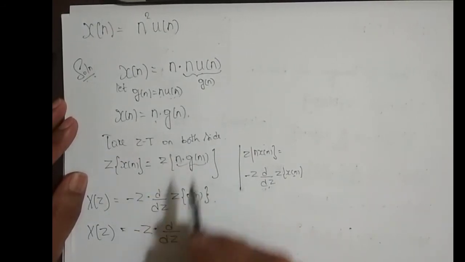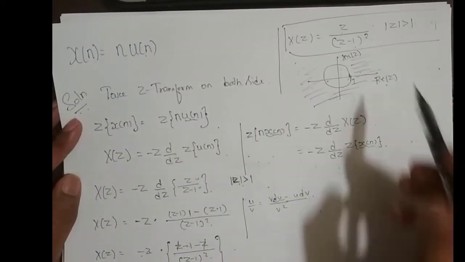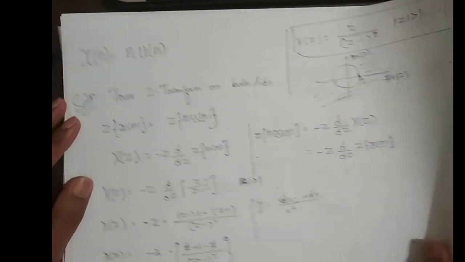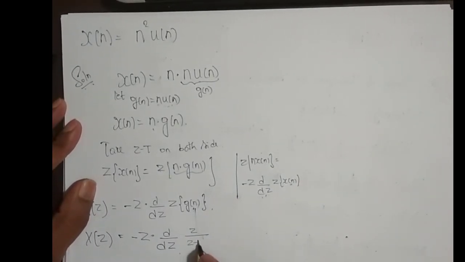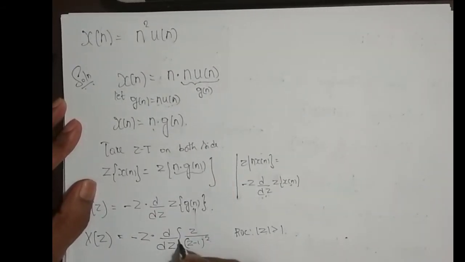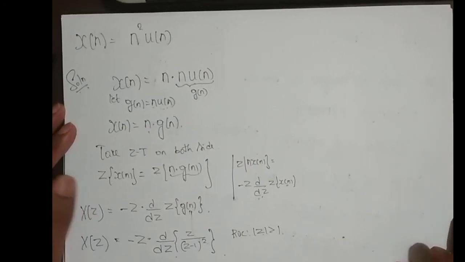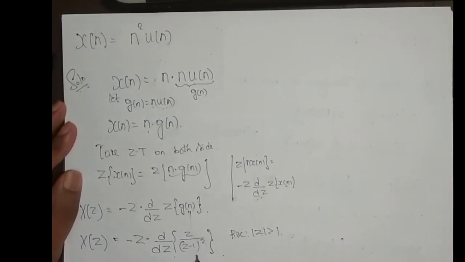Since I already solved it in the previous problem, it is z divided by (z minus 1) whole square, with ROC magnitude of z greater than 1. So I will directly put that result here. I repeat again, if you don't know this result, you have to solve it and then put it.